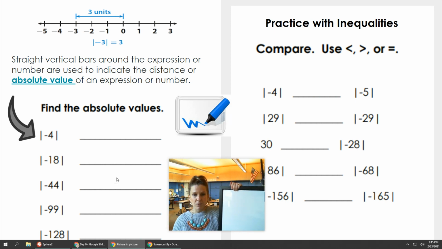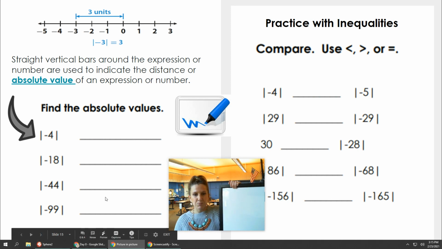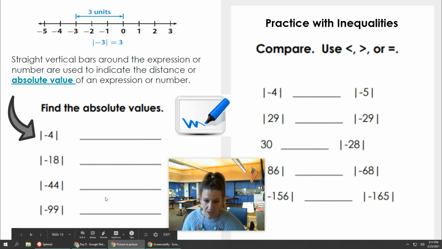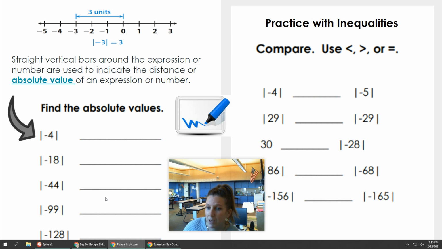The absolute value of negative 99 is 99. So when we compare this, now that they're negatives, but they're not really because it's absolute value, 5 is greater than 4. Well, 29 and absolute value negative 29, those are both positive 29, so those are equal. That's how you do that one.